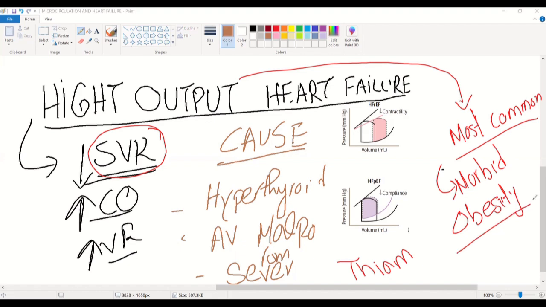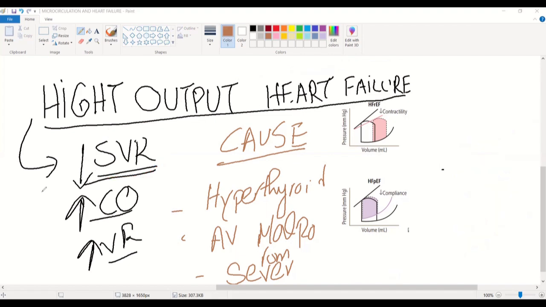Any other musculoskeletal pathology that leads to high output heart failure? Paget disease. Yes. Okay.